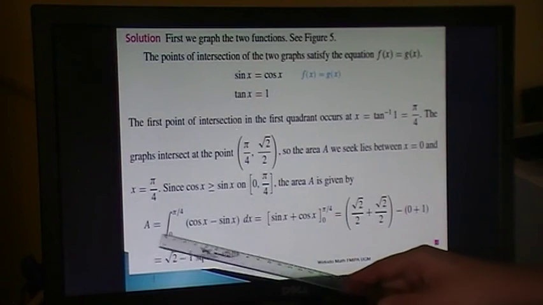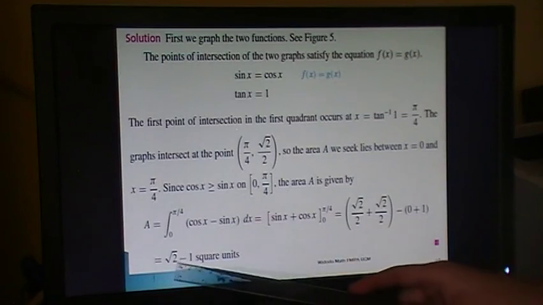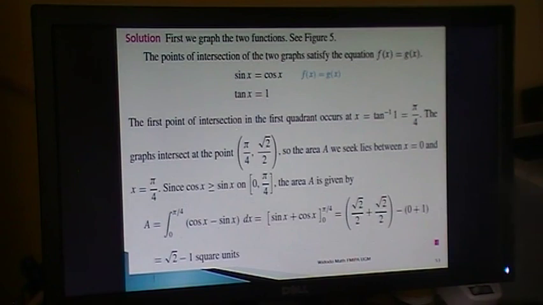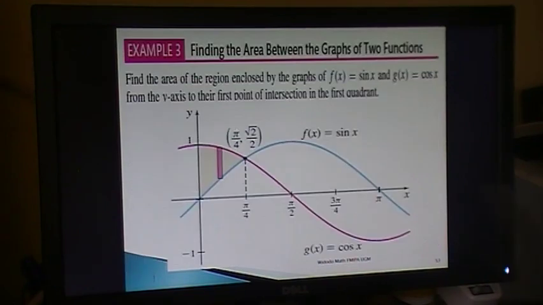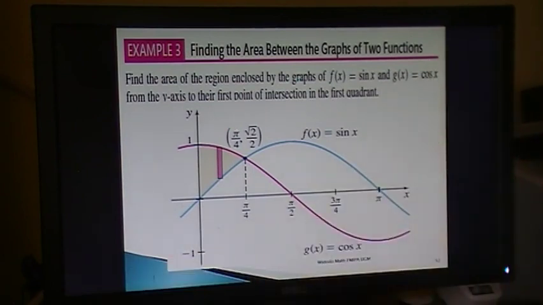We can count it by using definite integral very easily, and we have actually square root of 2 minus 1 square unit. So the most important thing in counting the area between two functions is to first find the intersection, the point of the intersection between two curves.